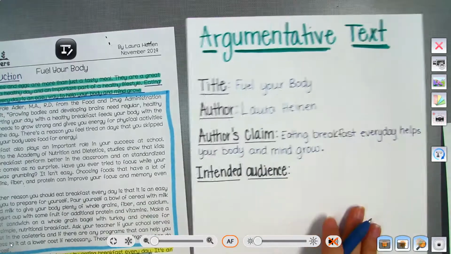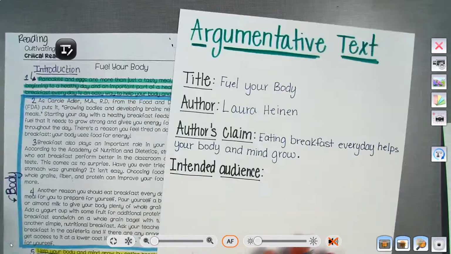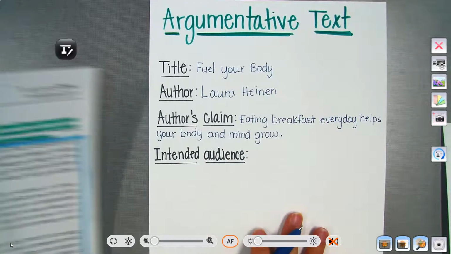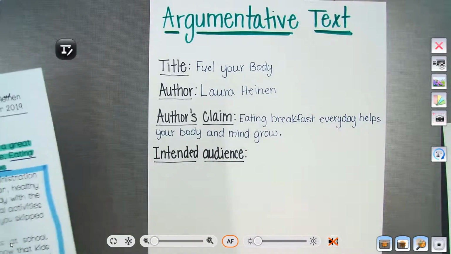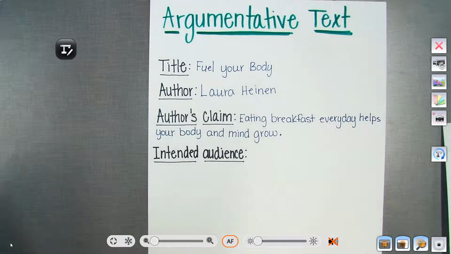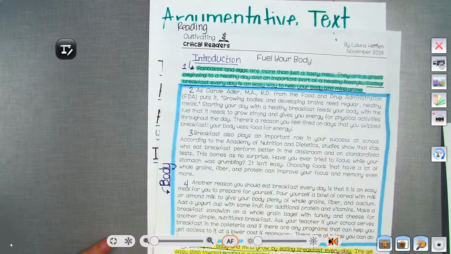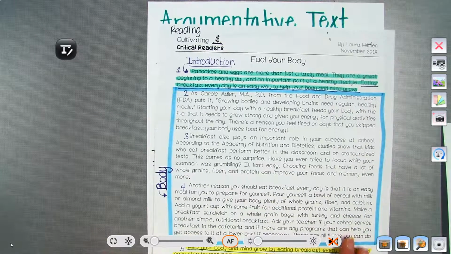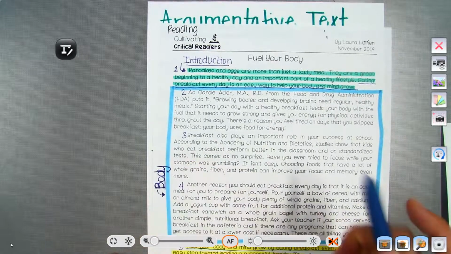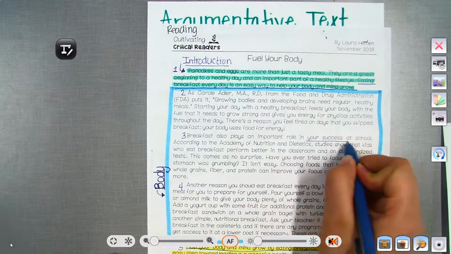Okay, and then the intended audience. So who do you think he wants? Who do you think the reader is for this? What kind of audience is he trying to get to read this? Do you think adults would be reading this? Kids would be reading it? So let's kind of look. So right here it says, your success at school.